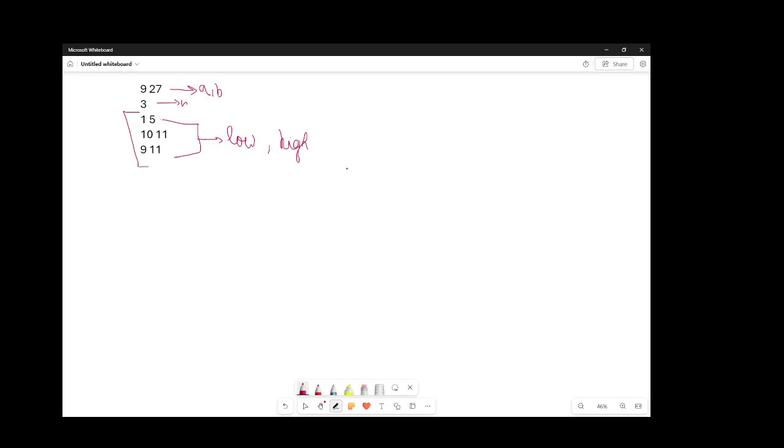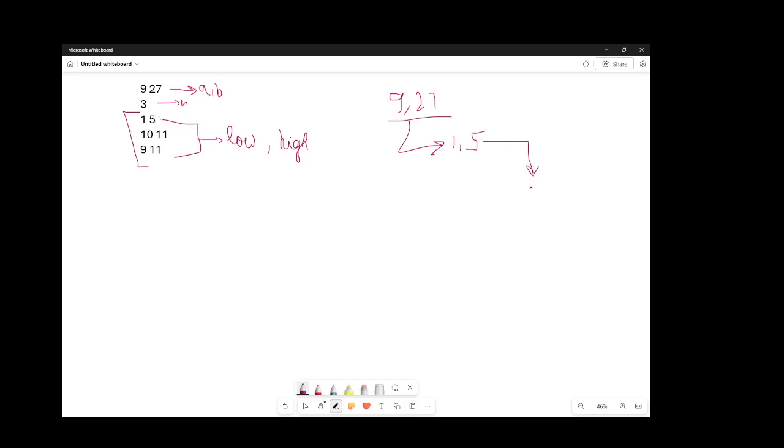Okay. So if we look at 9 and 27, and for these numbers, the GCD in range 1 to 5, what would it be?